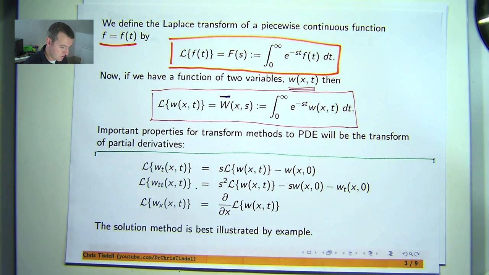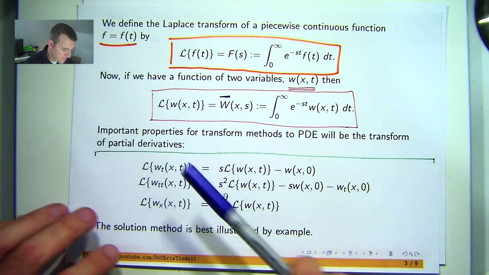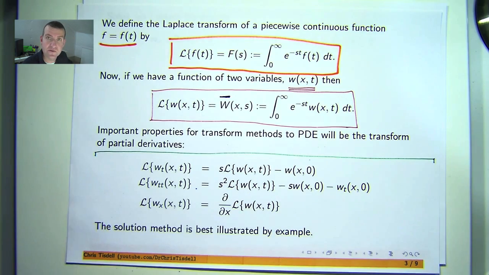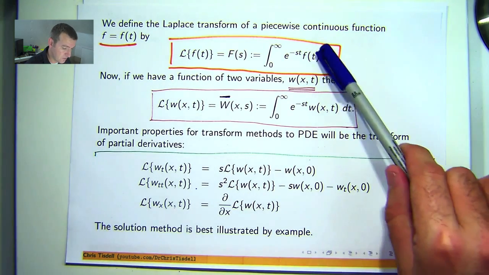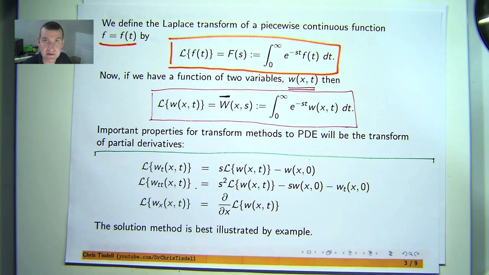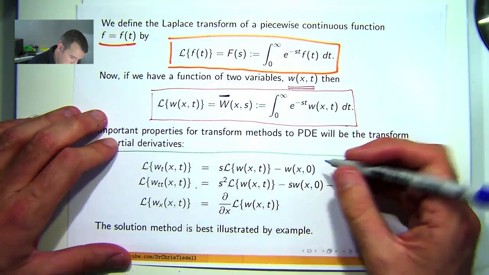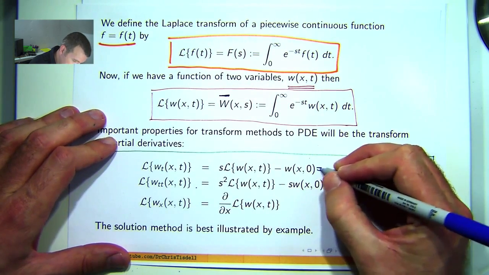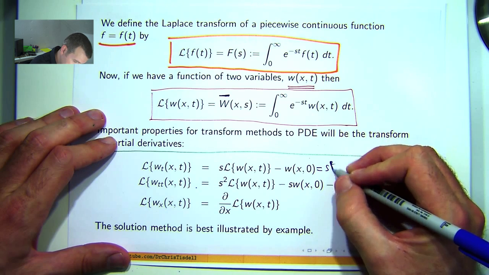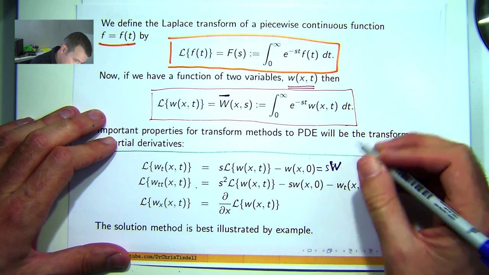Okay, so you can prove these two expressions just using integration by parts. So you would replace w with w sub t, where the sub t denotes partial differentiation with respect to t, and then you would just integrate by parts. Okay, so in this sort of big W bar notation, this would be, oops, sorry, it's just S.